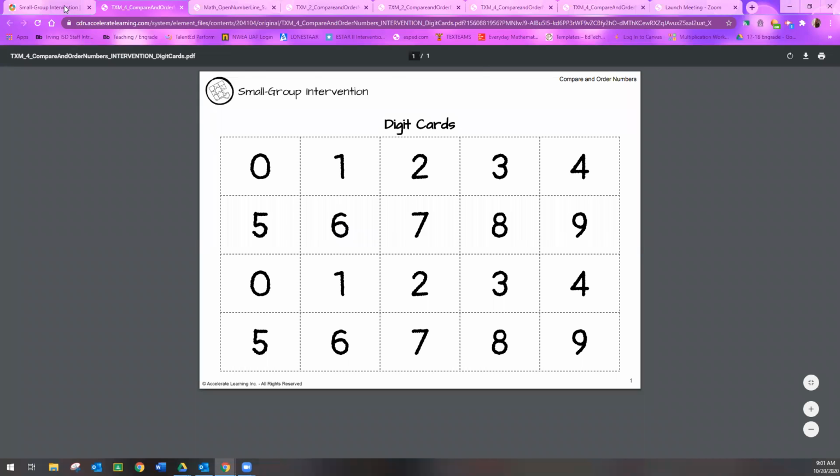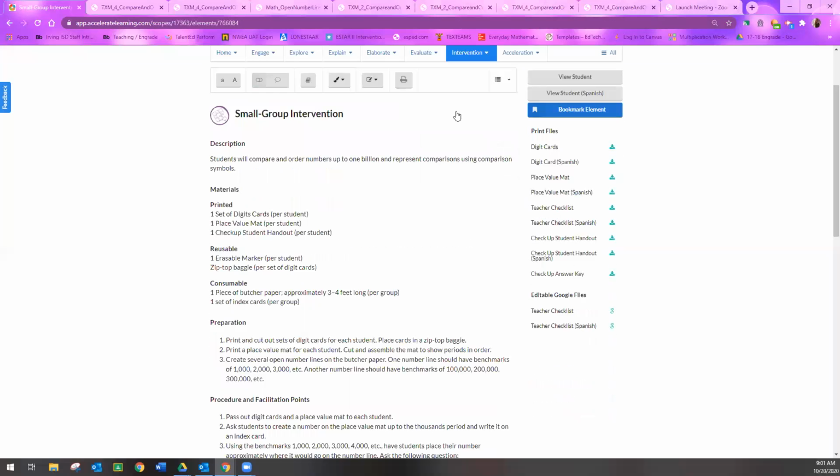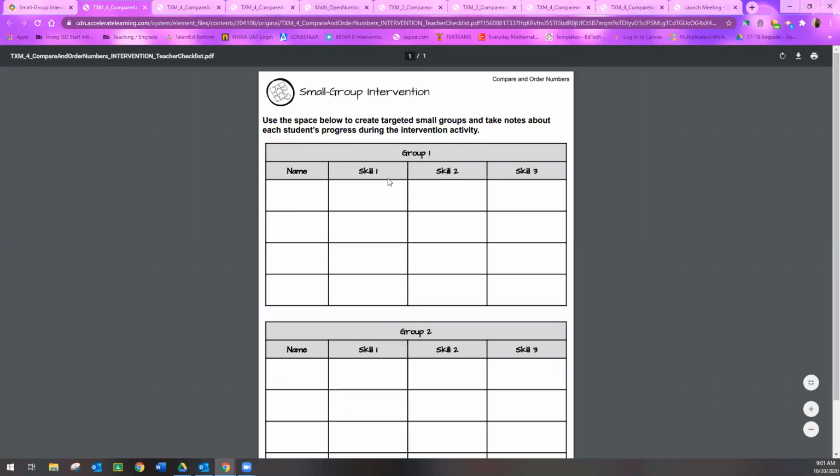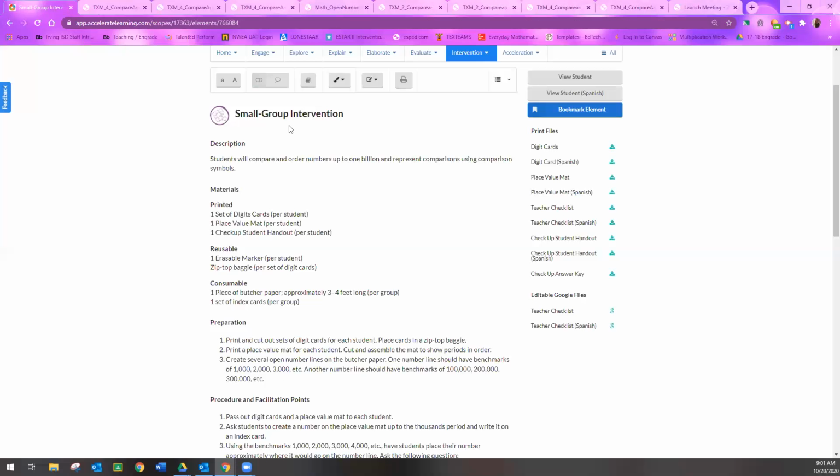So you have your digit cards that you can print, you have your place value mat, you have a teacher checklist, which just helps you organize your groups. So this is your first group. You can put your kids' names here, what skills they're working on, and just take notes about that. And then it also has a student checkup.